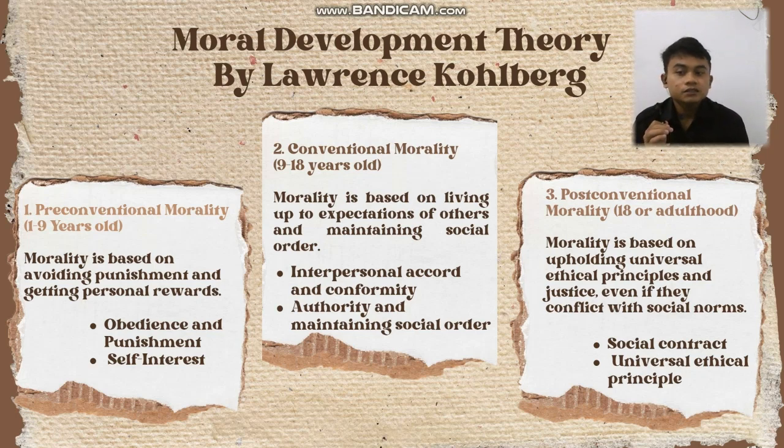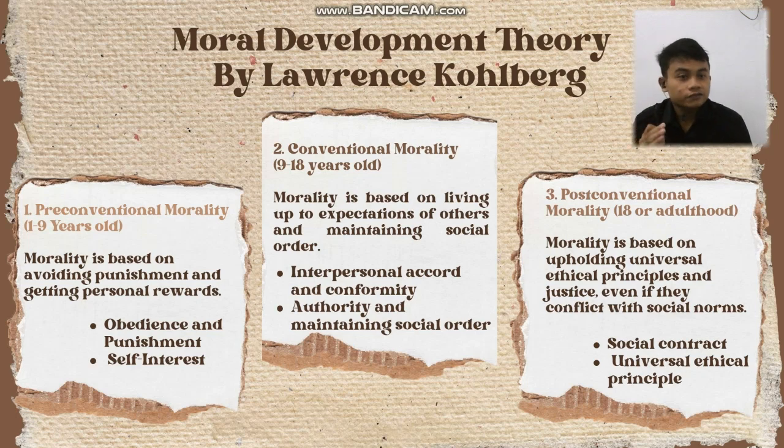Pre-conventional morality, from the age of 1 until 9 years old. Morality is based on avoiding punishment and getting personal reward. It's almost the same as the theory before, but here the main focus is trying to be obedient to your parents or teachers, and trying to reduce or avoid punishment.